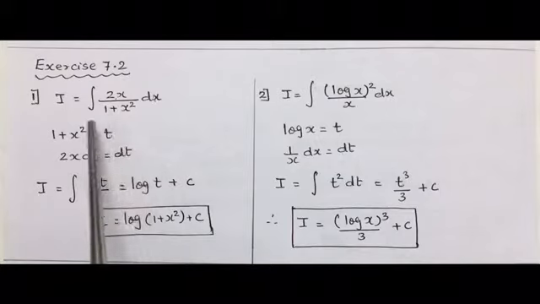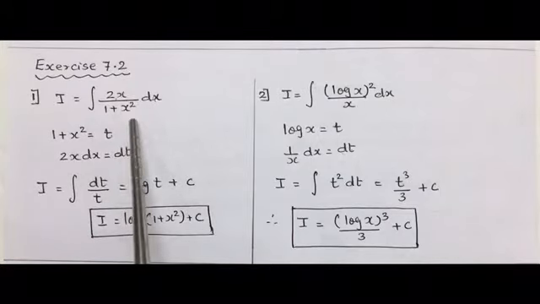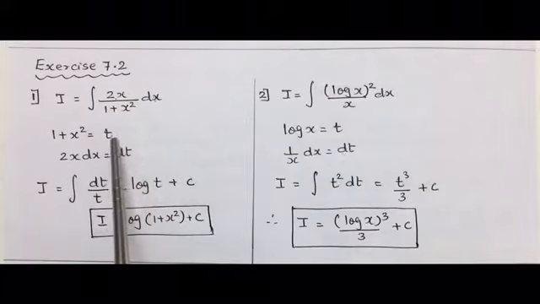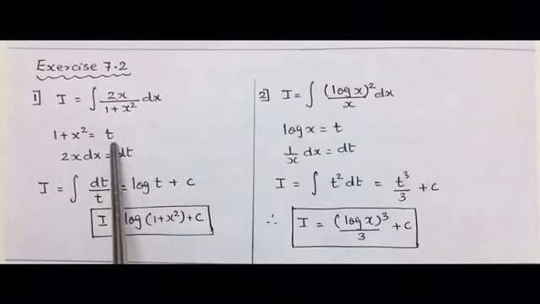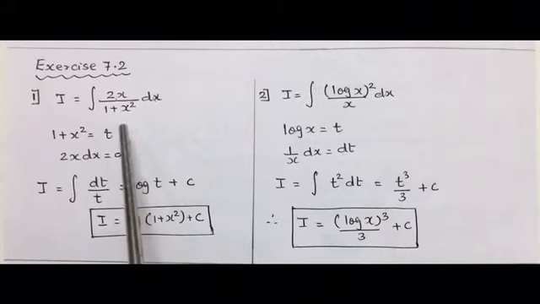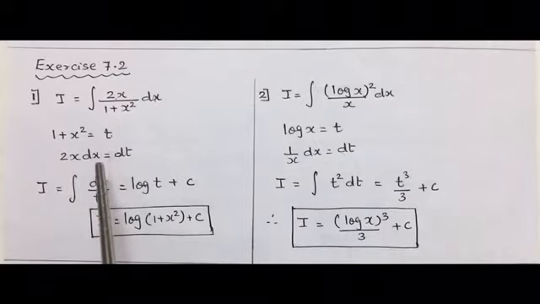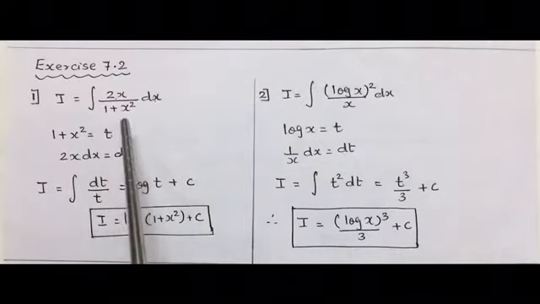Now we have to check that 2x is the differentiation of which term. That term is to be taken up as t, and as it is a fraction, we don't have any division rule in integration. So using the method of substitution, we can easily integrate it.